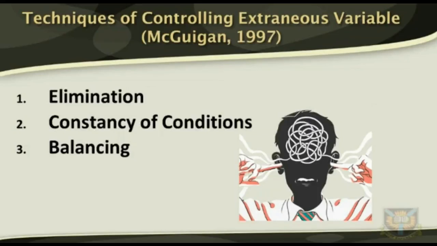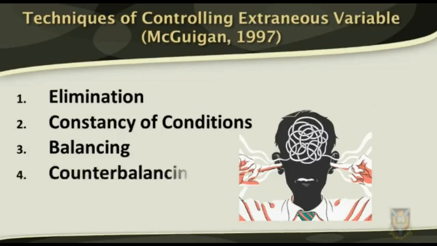Examples of balancing techniques include balancing for unspecified extraneous variables, use of more than one control group to evaluate extraneous variables, balancing to control a known extraneous variable, and balancing two extraneous variables simultaneously.